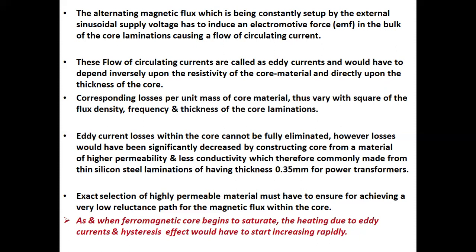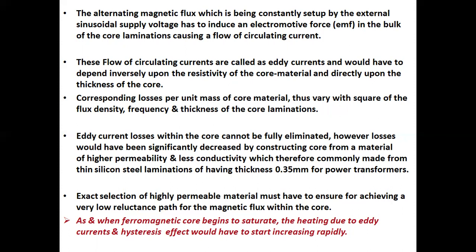Corresponding losses per unit mass of core material thus vary with the square of the flux density, frequency, and thickness of the core laminations. Eddy current losses within the core cannot be fully eliminated.